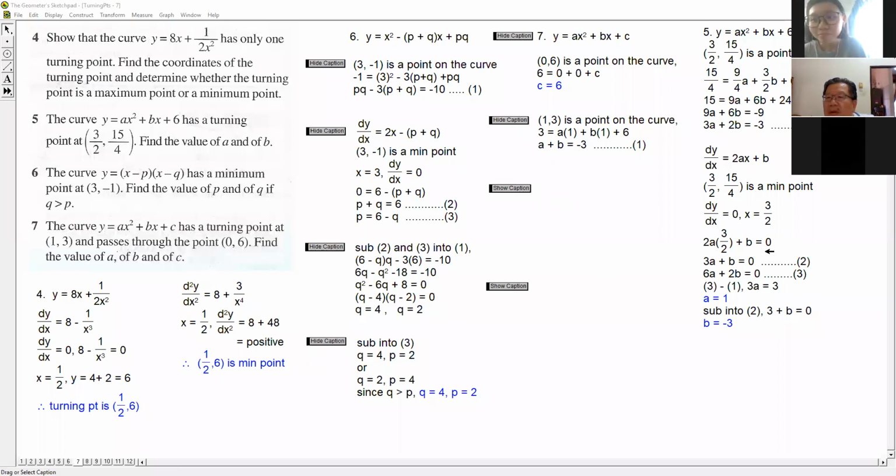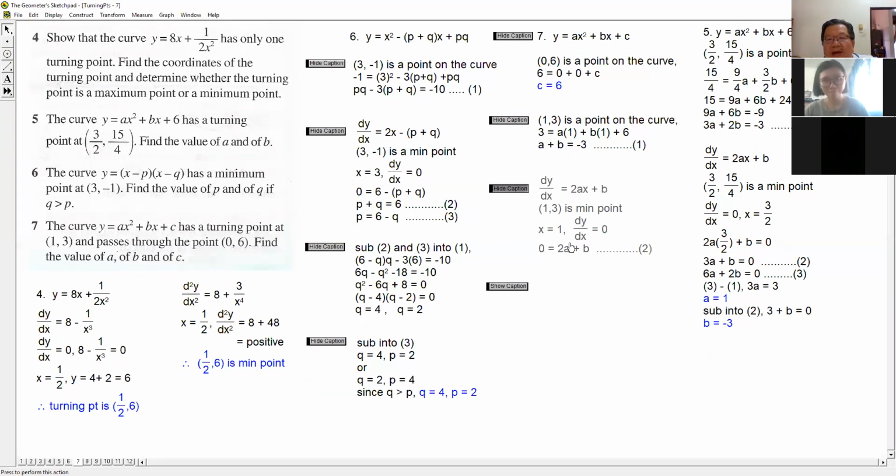B equals negative 3 minus A. No. The next equation you can form by using dy/dx equals 0. So I use dy/dx and make it equal to 0, so I can form another equation.